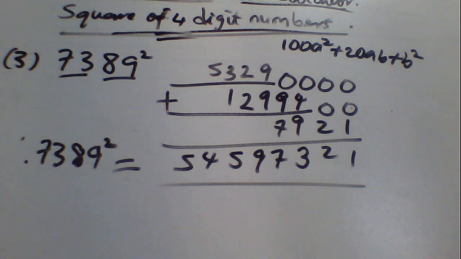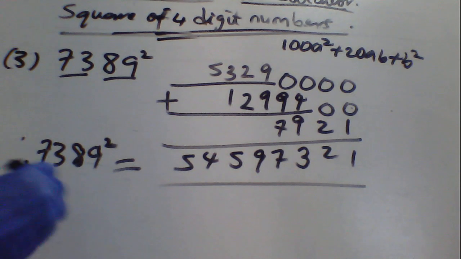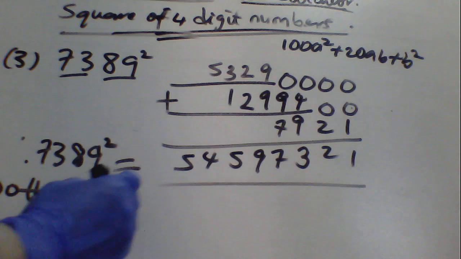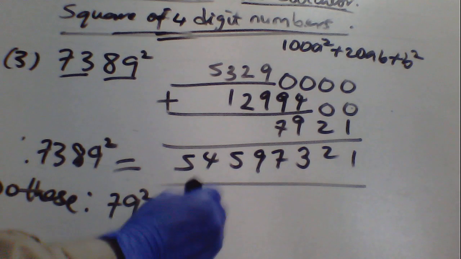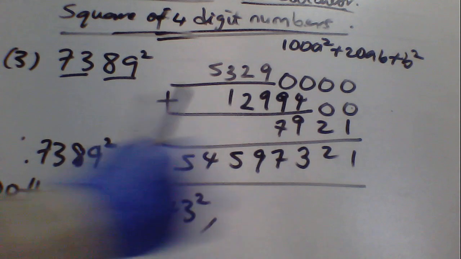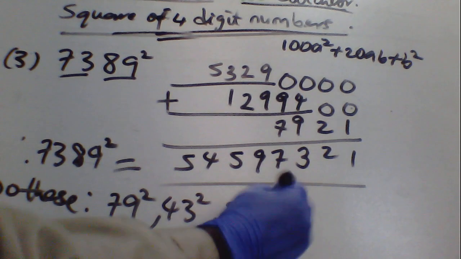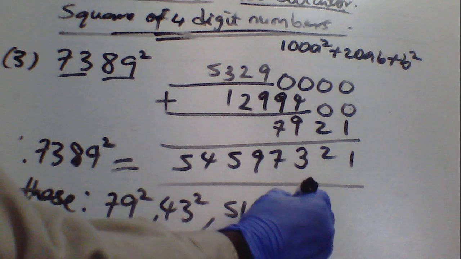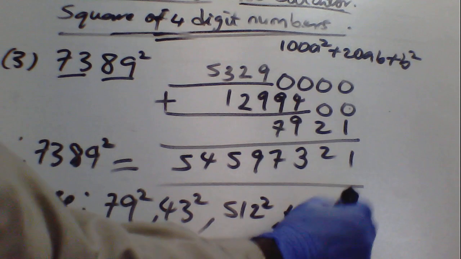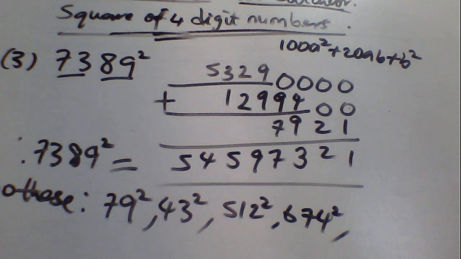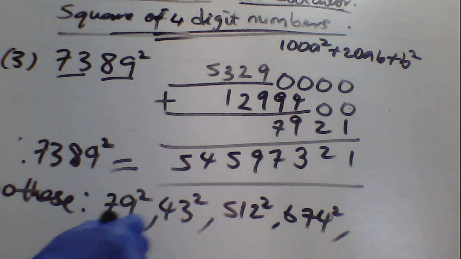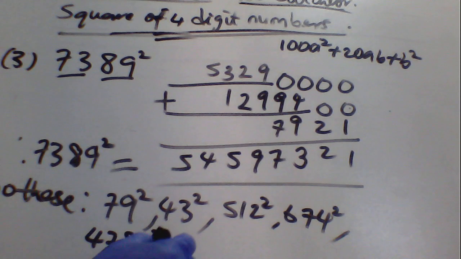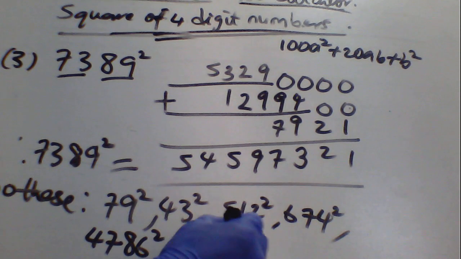If you enjoy this lesson, do these ones for me. You have 79 squared, 43 squared, 512 squared, 674 squared, and then you have 4786 squared, and lastly you have 39.